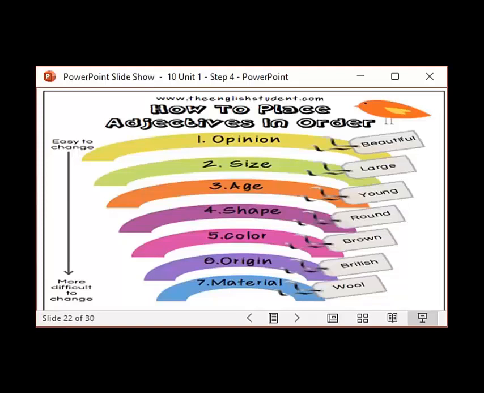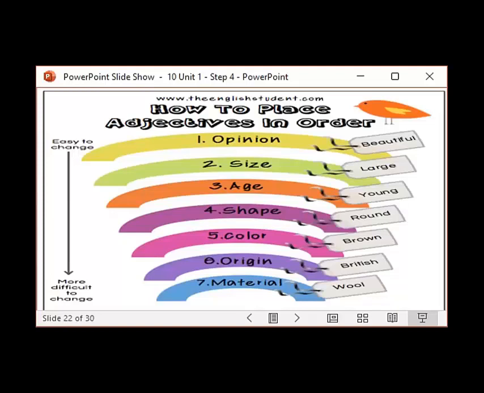If you want to order the adjectives, you start with number one, opinion. Number two, size. Number three, age. Number four, shape. Number five, color. Number six, origin. And number seven, material. Opinion like beautiful.